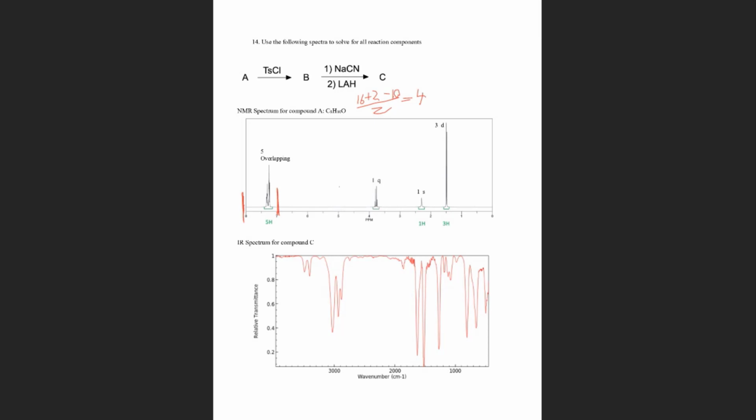It says 5 overlapping. The first time I saw this, my professor hadn't stressed the fact that they could be overlapping, and they didn't give us overlapping. They just put 5 above it. And I was upset because I did not know any situation where there could be 5 in one peak. It was a lesson I never forgot, that benzene, because it only has one substituent, everything else is relatively far away.